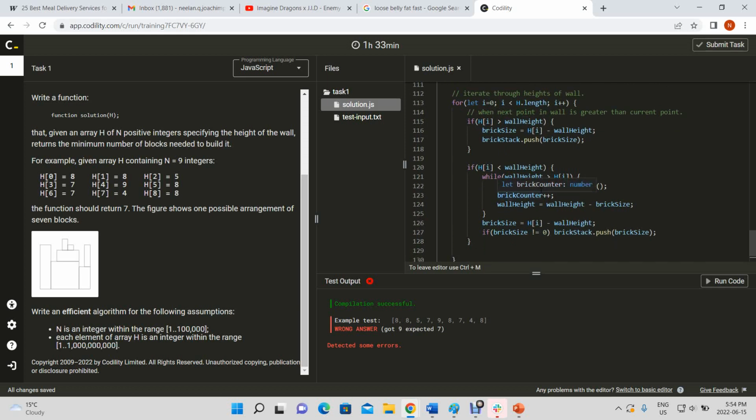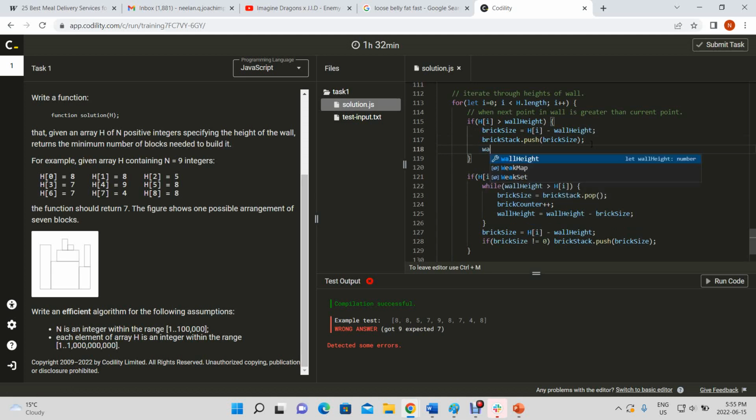So we popped our brick if the wall height is greater than h of I, and so while brick counter wall height, and then here brick size, and then we increase our wall height here.